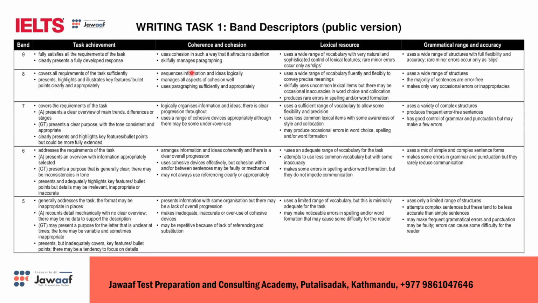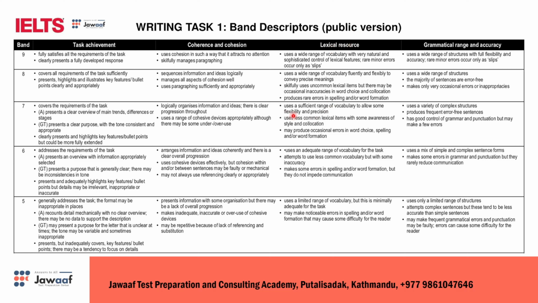Here I am. This is a band descriptor of writing task 1, and here we have 4 parameters: task achievement, coherence and cohesion, lexical resource, grammatical range and accuracy. And here we have our band scores 5, 6, 7, 8, 9. So let's take band 7 as a reference, and let's go to lexical resource, that means vocabulary. And here in band 7 under lexical resource we find 2 words.